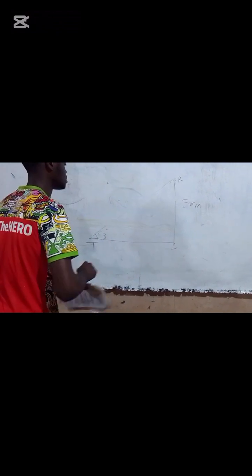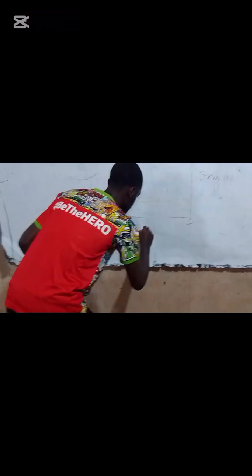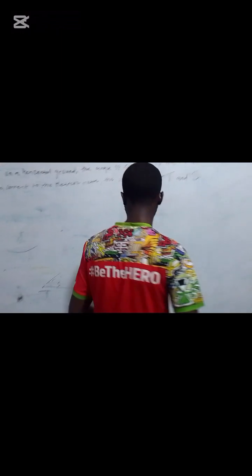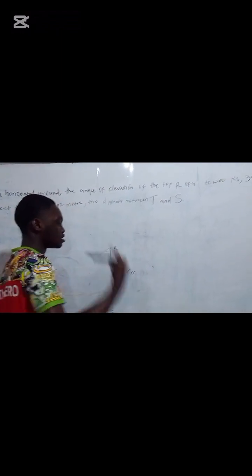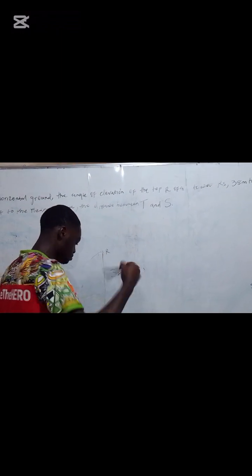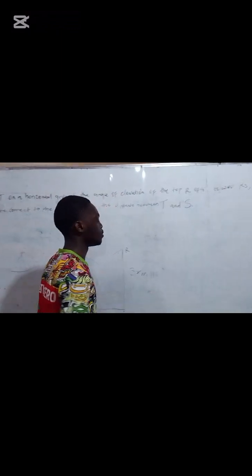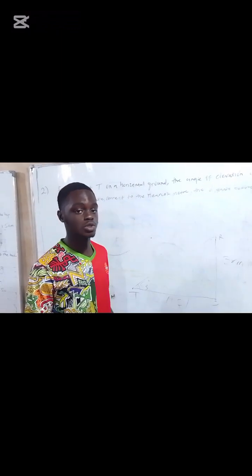So we are looking for distance TS. We are going to make use of SOHCAHTOA, that is in trigonometry, which is another topic. You can go to my YouTube channel and watch one of my videos on trigonometry.